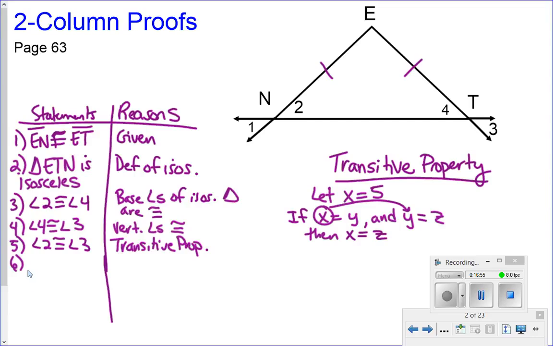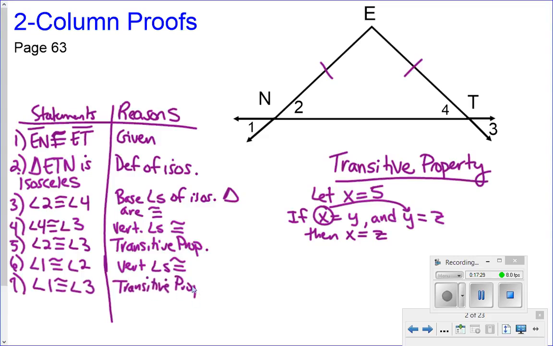So I'm going to say 1 first, congruent to 2 second, and that's because vertical angles are congruent. Okay, so now let's think about the order here. We have if angle 1 is congruent to 2 and angle 2 is congruent to 3, then we know that angle 1 to 2, 2 to 3, that means that 1 and 3 are congruent. And that's, again, using the transitive property.